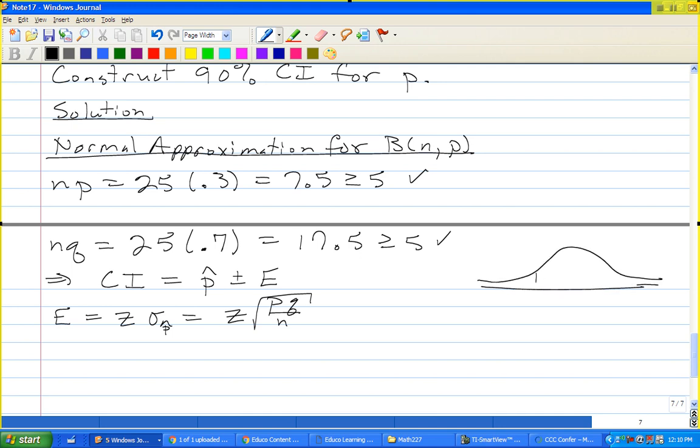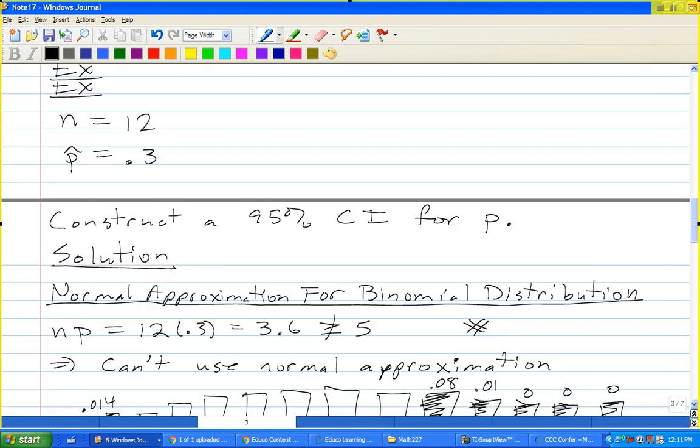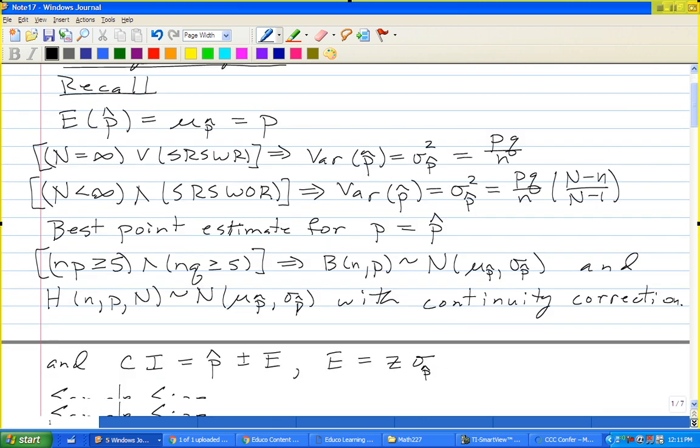We've actually done this before, I'm pretty sure. And so that's 5% on each side. Let me just check above. See if I have 90% anywhere. If not, I'll look in the table.